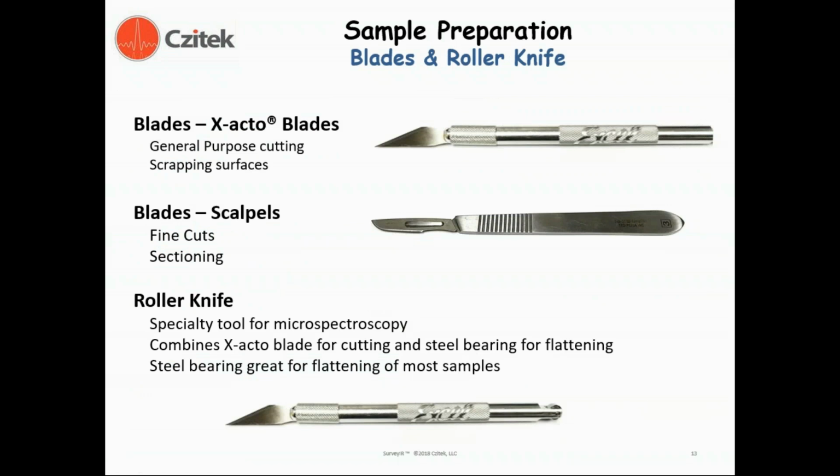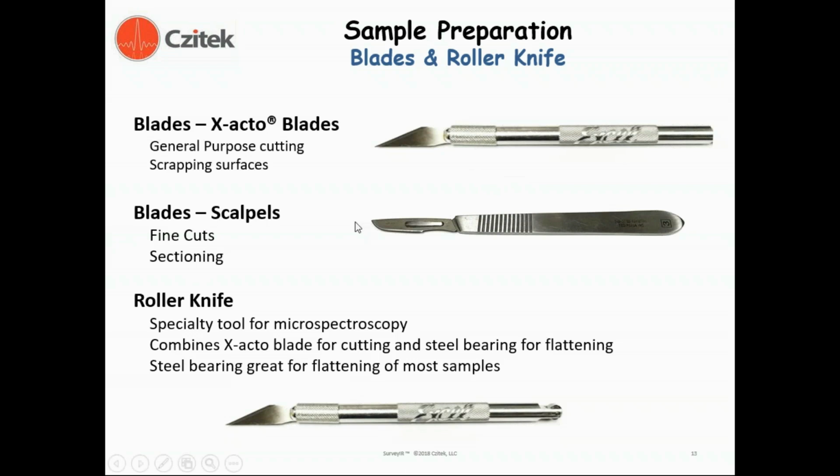We also sometimes need to cut samples, and various blades have different sharpnesses. Very sharp blades are needed to cut some samples. The X-Acto blades exhibited in the roller knife and this X-Acto knife are actually not particularly sharp, relatively speaking.